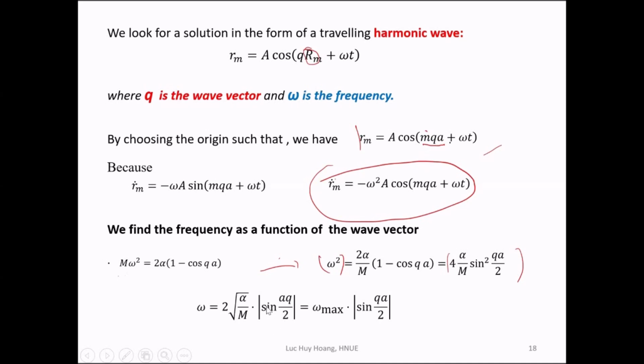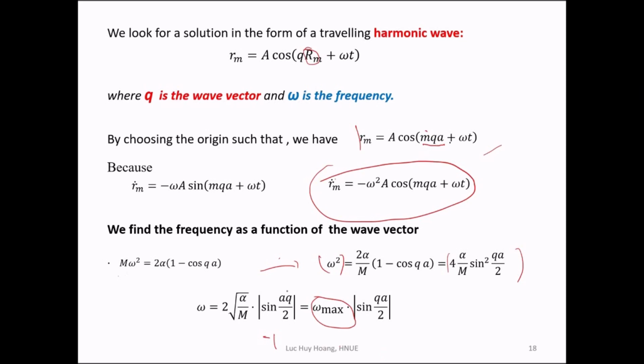And you know the property of sine, right? So sine takes values from minus 1 to 1, right? Therefore, omega max should be 2 times the root of alpha over M. So we have omega max with the modulus of sine of Qa over 2.